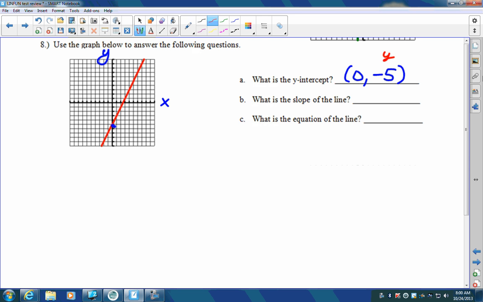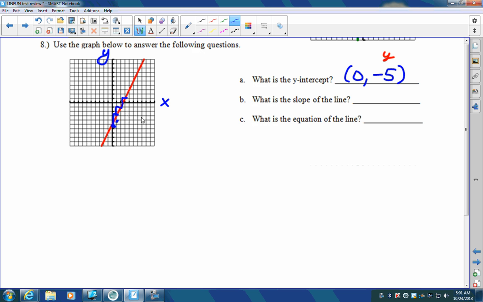Now the slope of the line, I'm going to start at the y-intercept. I know my slope has to be positive because it's going up from left to right. If I go up 1 and over 1, that's not exactly on the line. If I go up 2 and over 1, it looks like it works. Up 2 over 1, up 2 over 1.